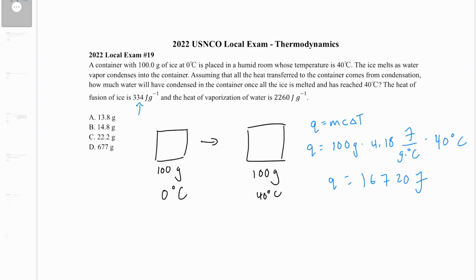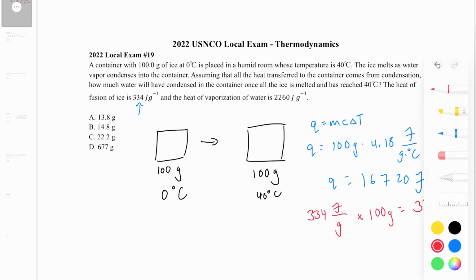So there's another energy associated with the fact that we took 100 grams of ice to water. It's 334 joules per gram times the 100 grams that we have, so that's 33,400 joules. That's the other energy that's been introduced into the system.